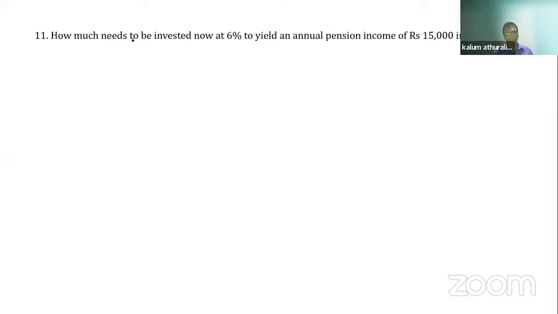How much needs to be invested now at 16% to yield an annual income of 15,000 in perpetuity? It's perpetuity. What is perpetuity?